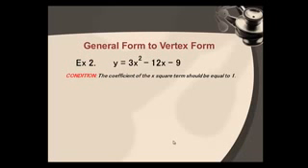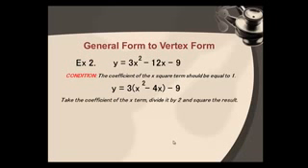Again, the first condition is that the coefficient of the x squared term should be equal to 1. This time it is 3. Can we factor out 3 to have 1 as the coefficient of x squared? There, we have 3 times x squared minus 4x.